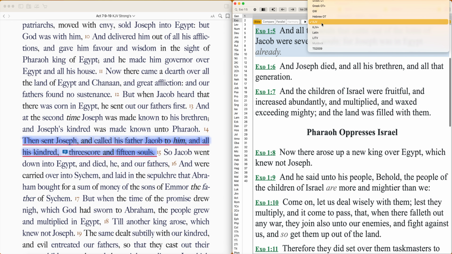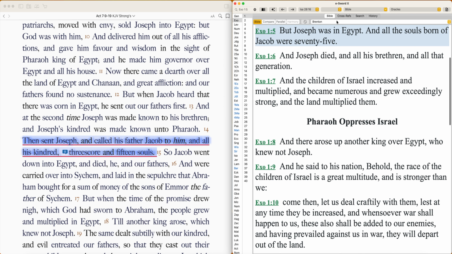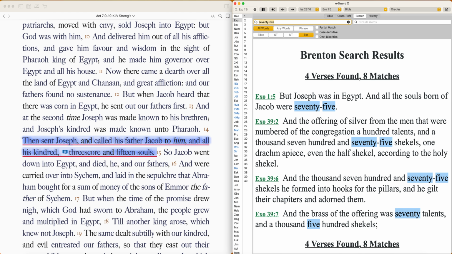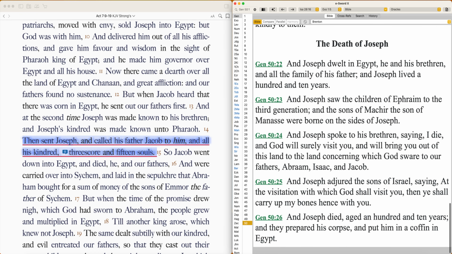Go back to Bible, go to the Brenton, which is a Septuagint text. Type in the word 75. Let me see. There's one in Genesis, I believe. I think it was like the very end.